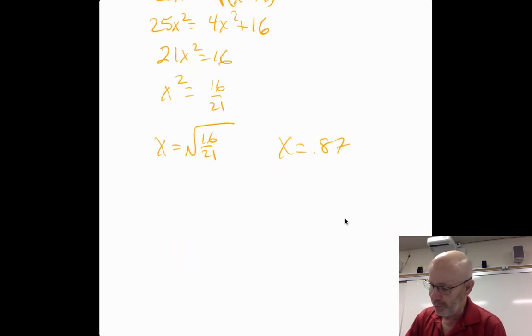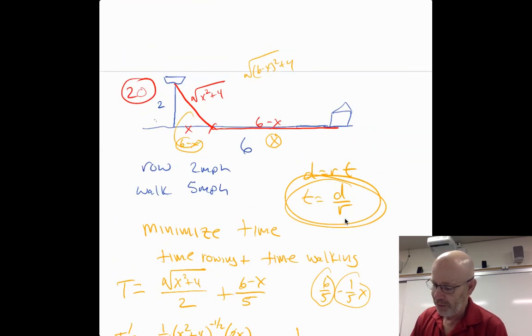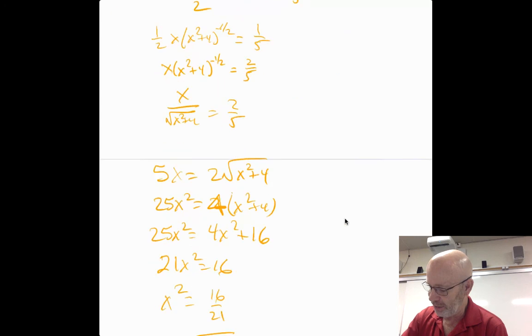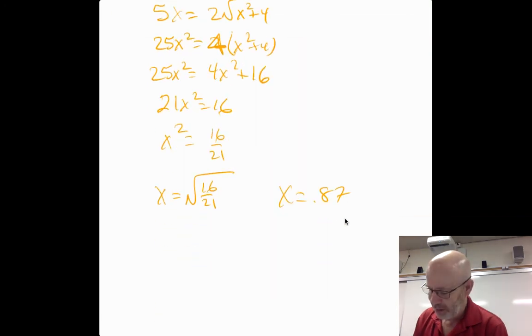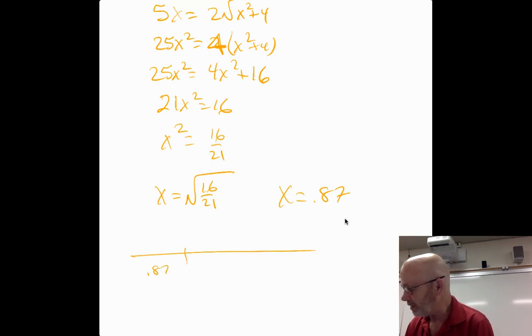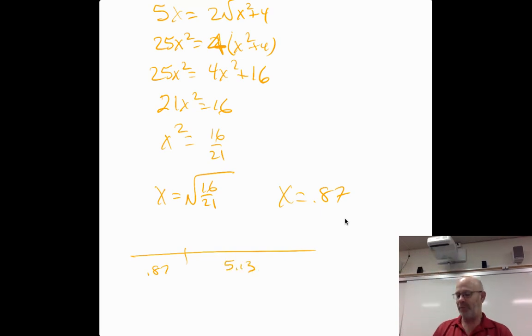So remember my original picture. There's my x, so I guess the answer to the question is 0.87. This would be 6 minus 0.87, which is 5.13. You'd probably say she wants to row to a point that's 5.13 miles from the town.